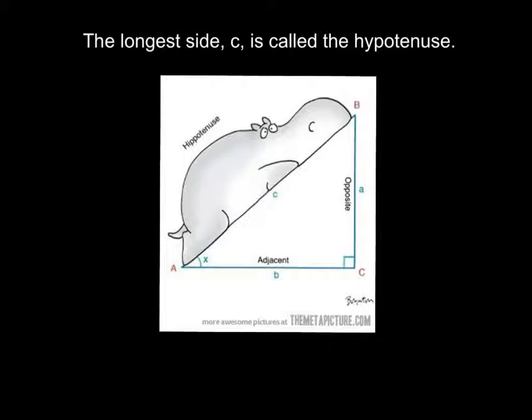As you can see in the cartoon, they're calling it the hypotenuse, which might help you remember that the long hippo is laying on top of the triangle. The hypotenuse will always be the longest side, opposite of the right angle.